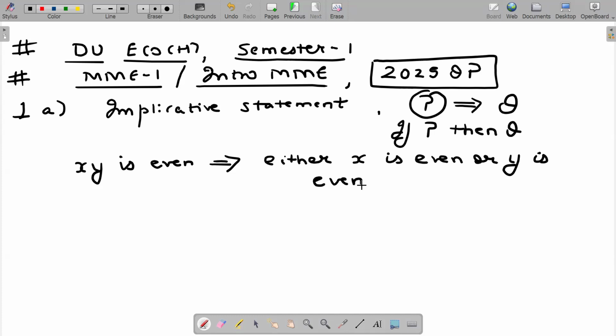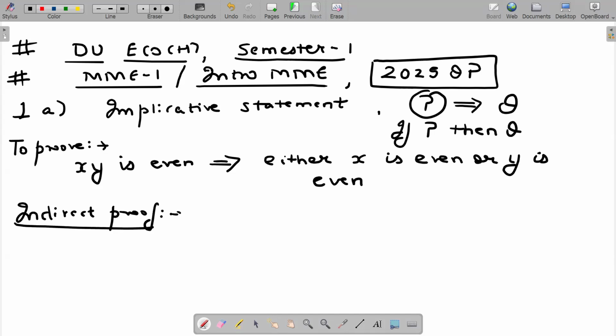I need to prove it. The question has asked us to use indirect proof. Now, how do I use this technique to prove this particular statement?